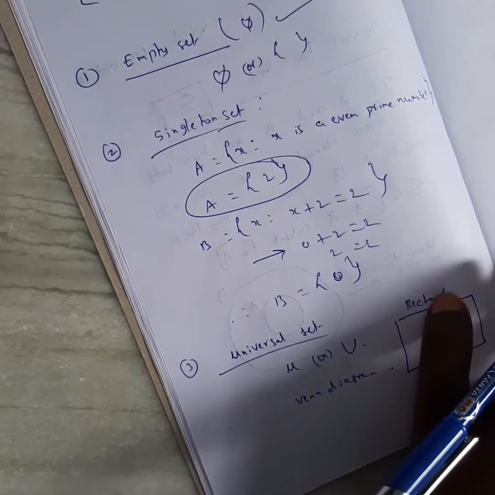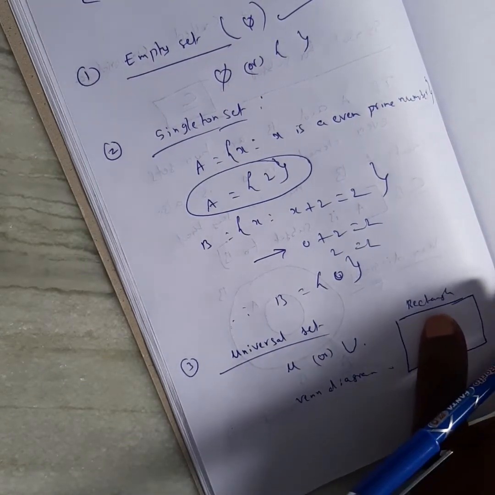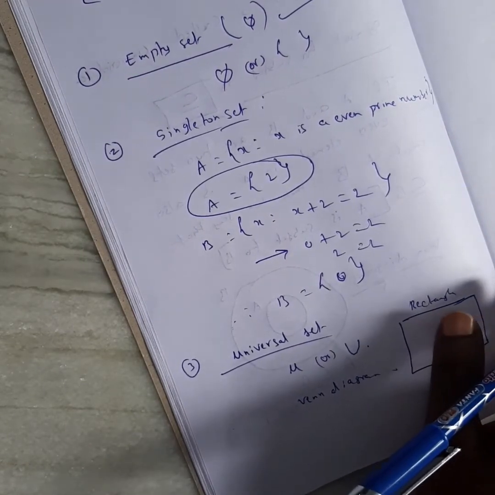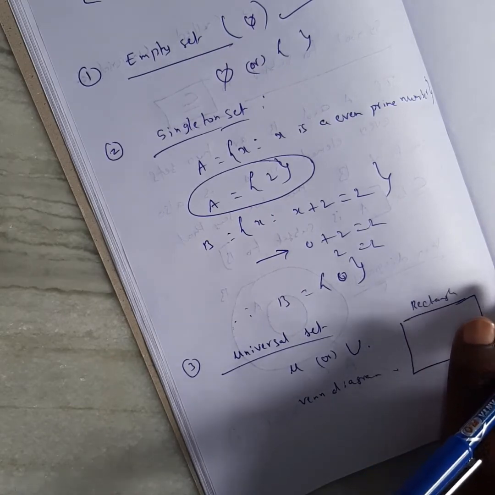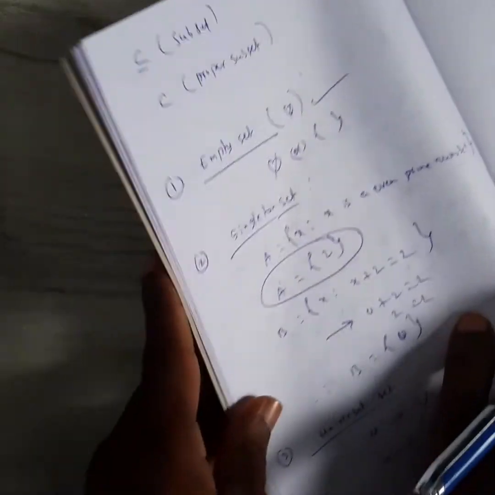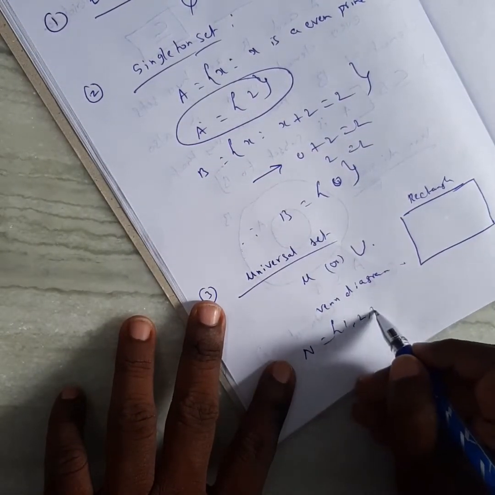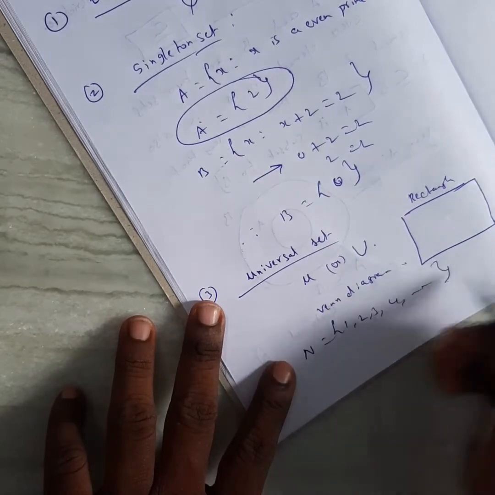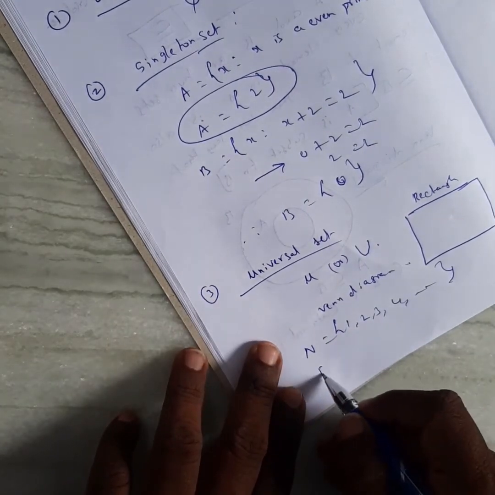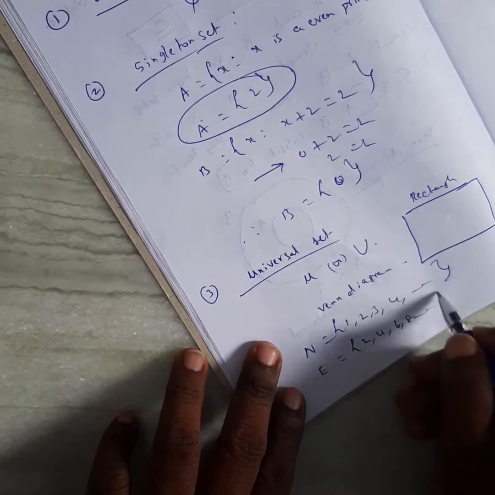What is the universal set? The superset of all the given sets is called the universal set. That means the main set. For example, take N, the set of natural numbers, N is equal to {1, 2, 3, 4, 5, 6 and so on}. Even numbers, E is equal to {2, 4, 6, 8 and so on}.